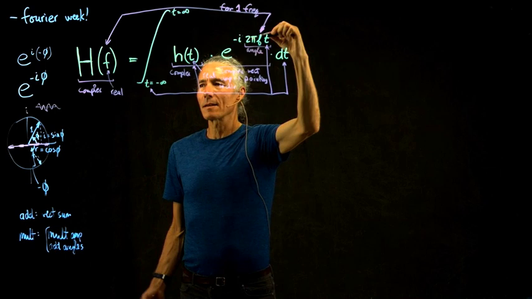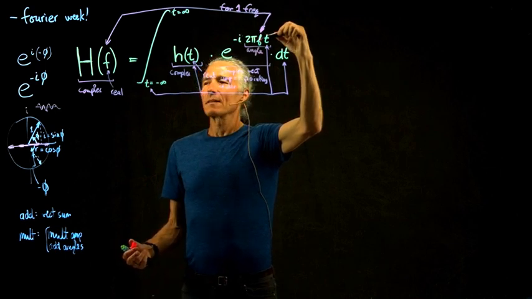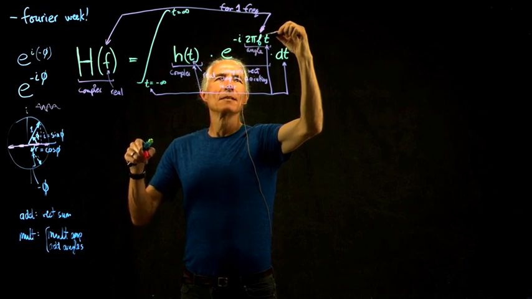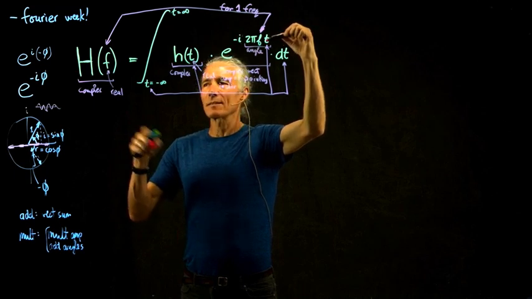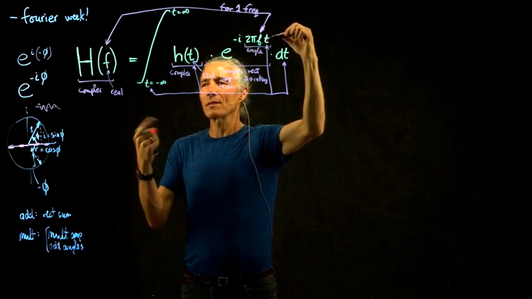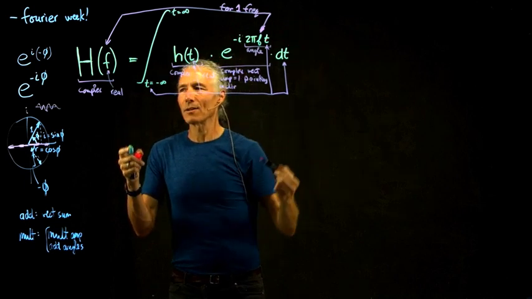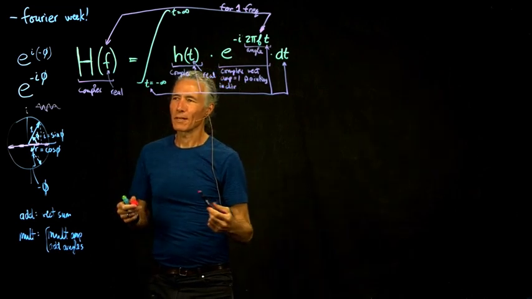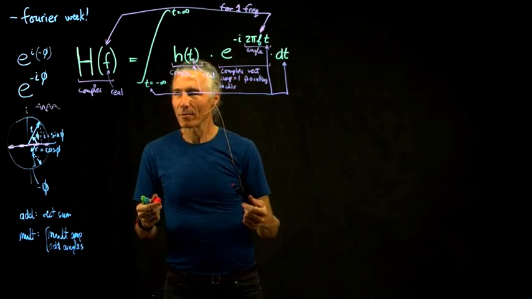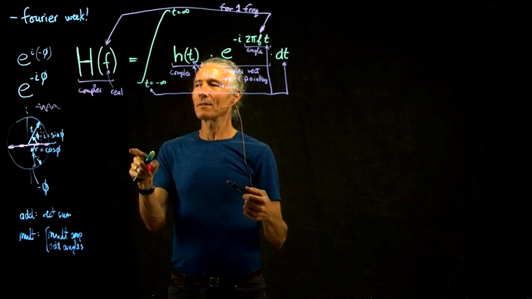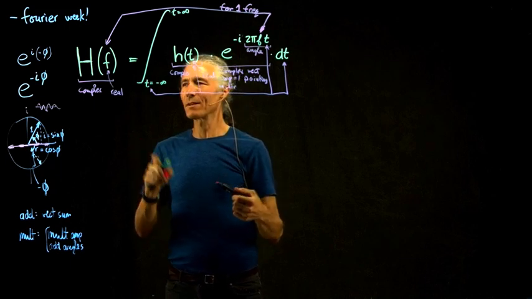So 2 pi is just a number. It doesn't have any units. F is cycles per second. How many cycles per second? And then you multiply that by seconds, and you get cycles. And what is cycles? Well, 2.1 cycles is an angle. It's an angle like 730 degrees.